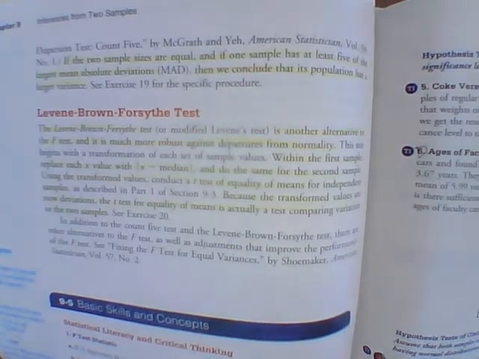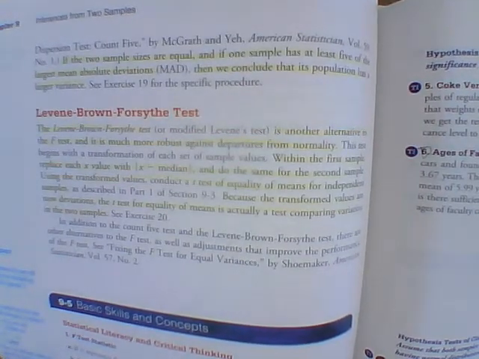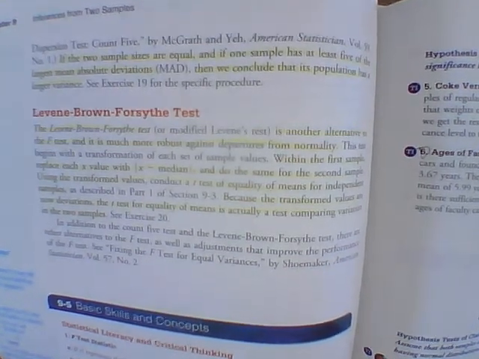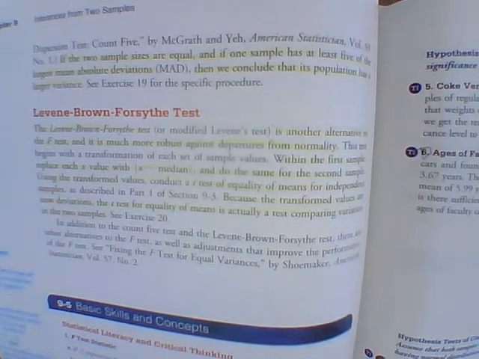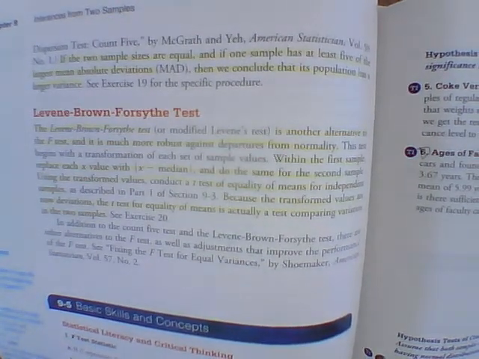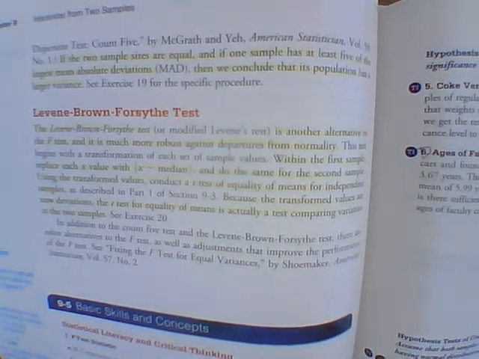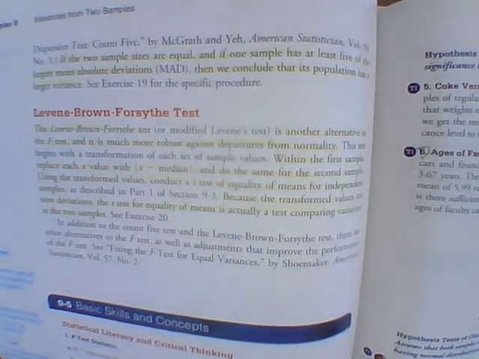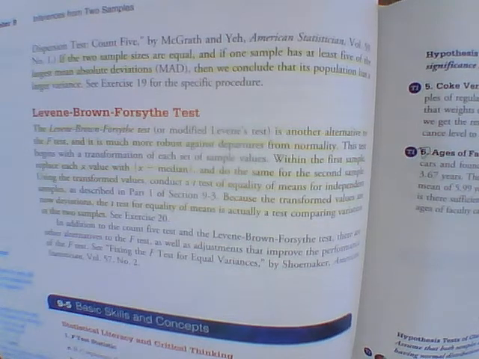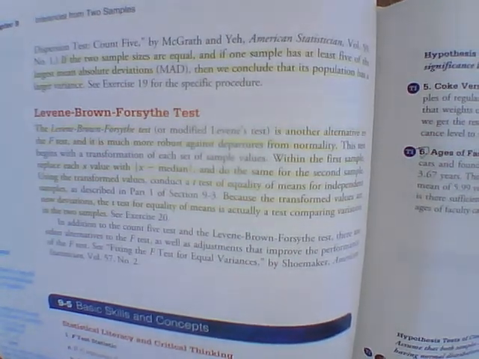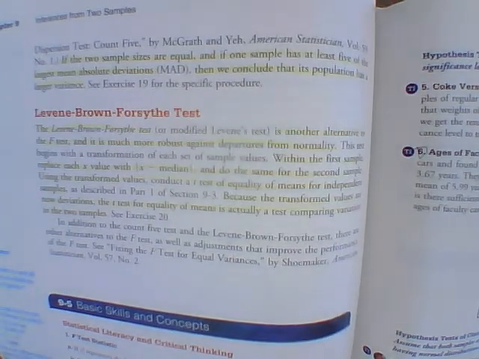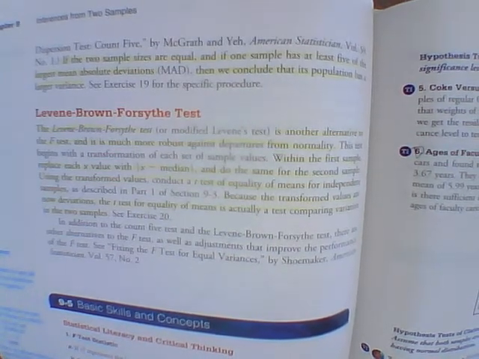Then there's the Levene-Brown-Forsythe test. It's another alternative to the F-test. It's much more robust against departures from normality. Within the first sample, replace each x with the absolute value of x minus the median, and then do the same for the second sample. Using the transformed values, conduct a t-test for equality of means for independent samples.